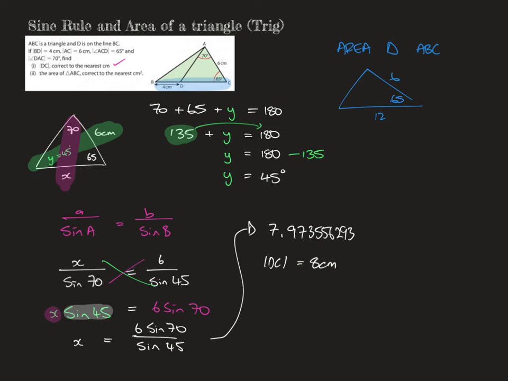And I know that my formula for the area using trig is equal to half AB sine C. Okay, so the area will be equal to half of A. So again, we've got the middle is C, A and B are either side, doesn't matter what side they are. So I'm going to put 6 in here.